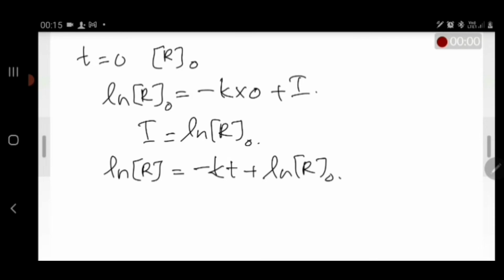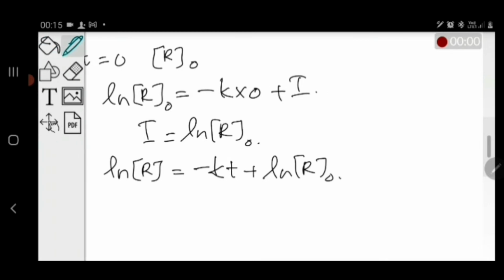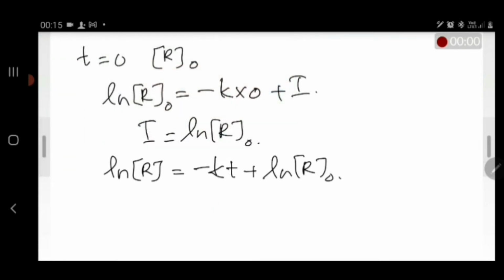And you can see an interesting factor here. The equation we have written is equivalent to y is equal to mx plus c.